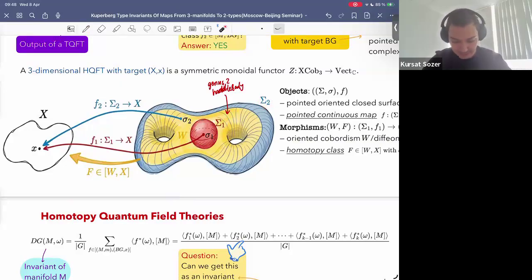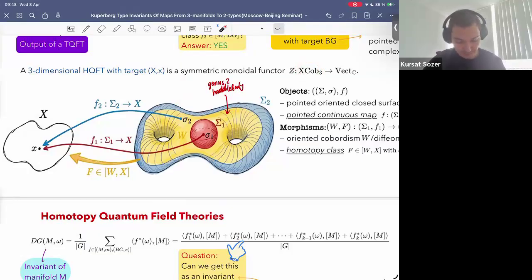This itself is an element, in fact, of COB3. But to be a morphism of X-COB3, we equip these things with homotopy classes of maps.